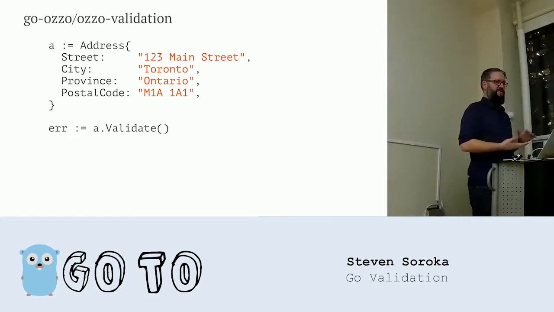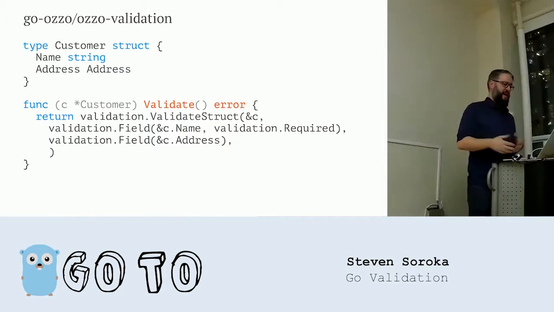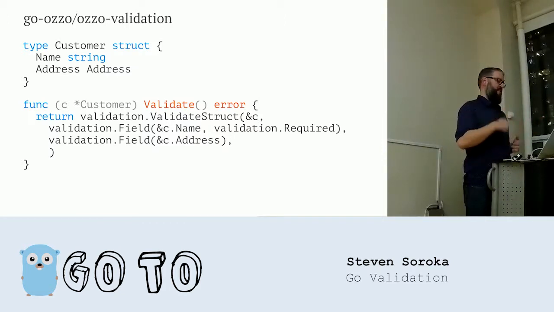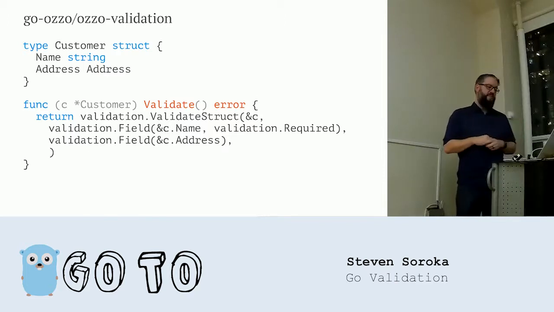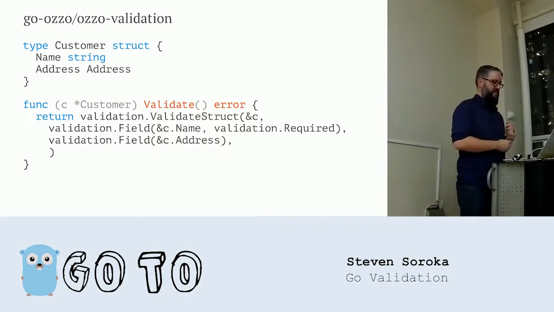You can push that into your framework so that you don't really even need to think about it. You can just have that happen for all of your request structs. It supports nesting composed structs as well. So maybe a customer has an address. You can define validate on the customer and call validate field and pass it just the address with no rules, and it'll call all the validation rules that are defined on the address struct.